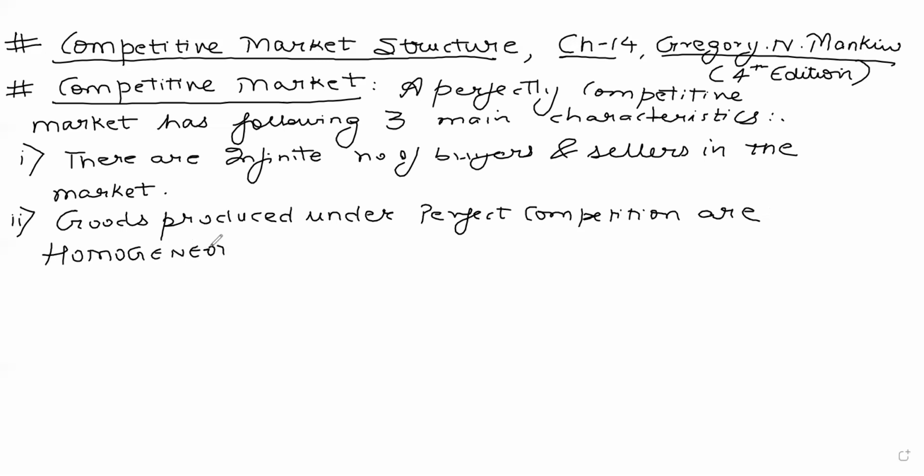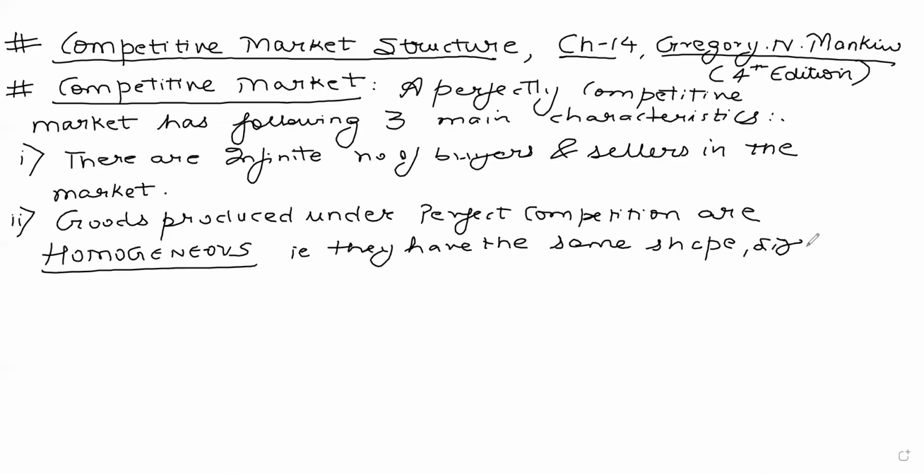Now, when we say that the goods are homogeneous, it means they have the same shape, size, color, weight, etc. When I say that the goods under perfect competition are homogeneous, it means they are exactly identical. Identical means the consumer cannot differentiate between these goods in a perfectly competitive market.